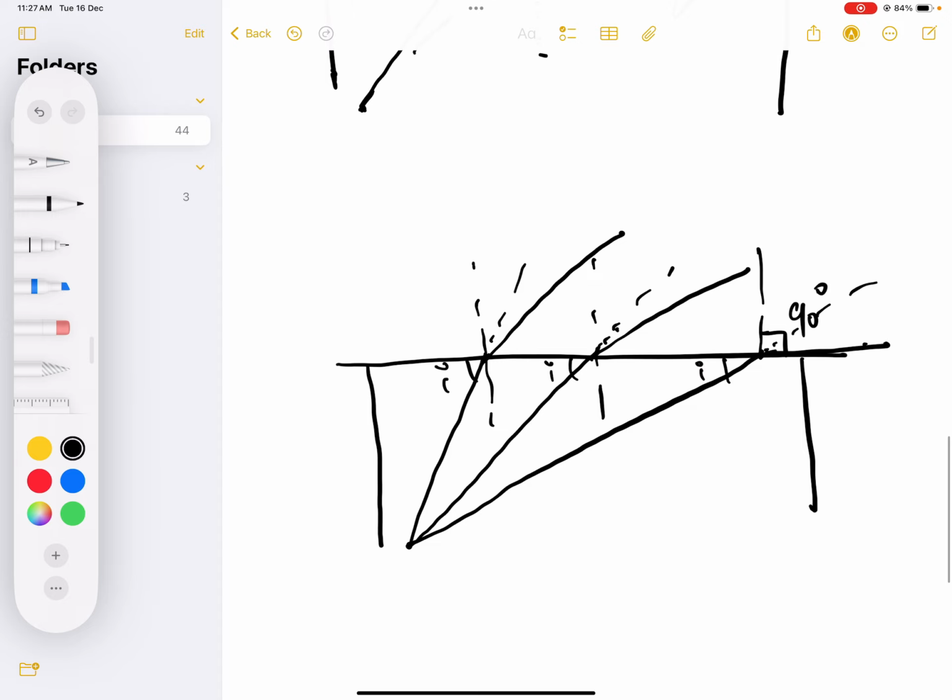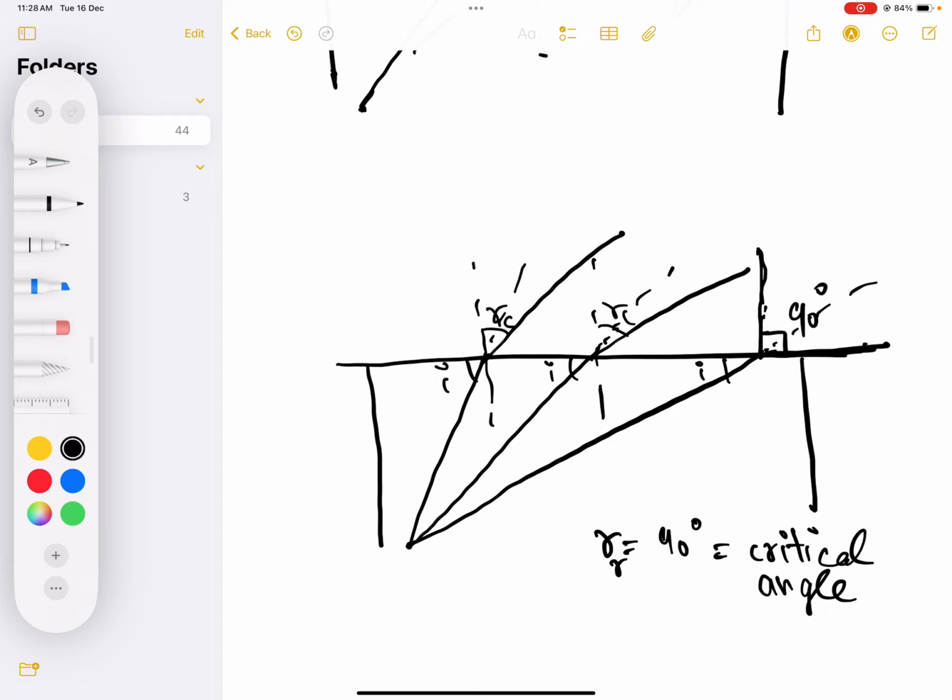What you are noticing right here is that the angle of refraction is increasing gradually, and at a point the angle becomes equal to 90 degrees. This is known as the critical angle.